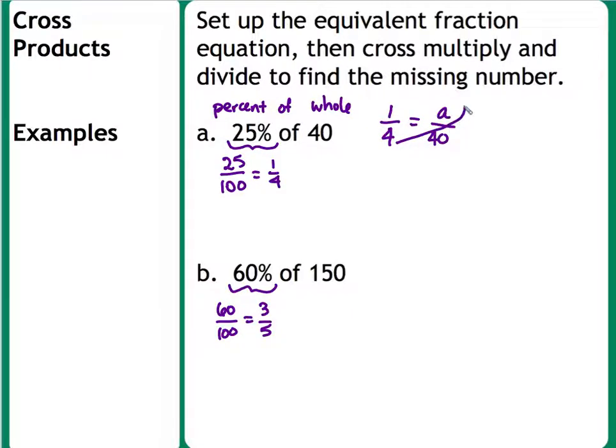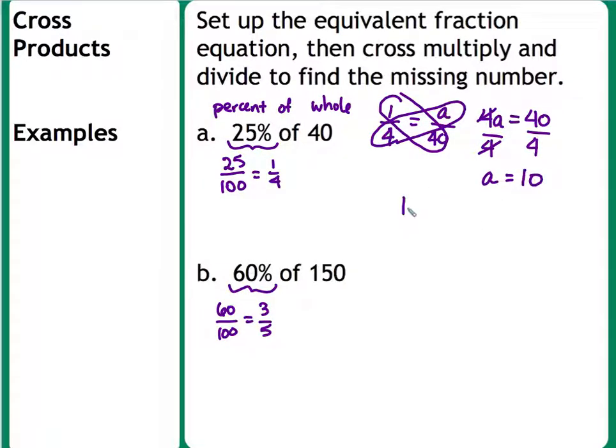And this time we're going to cross multiply. So we do 4 times a is equal to 1 times 40. 1 times 40 is 40. Now divide both sides by 4 to solve for a. And a is equal to 10, just like before. So again, 10 is 25% of 40.